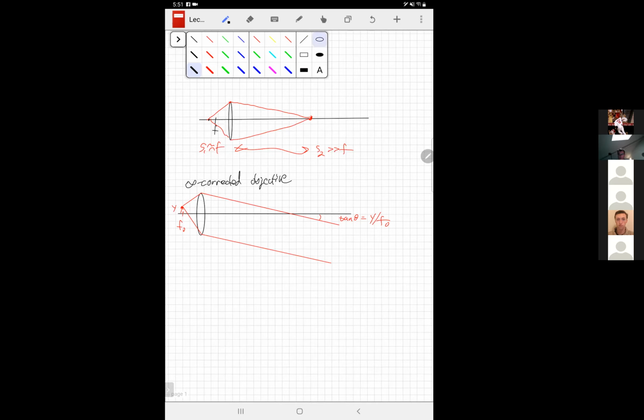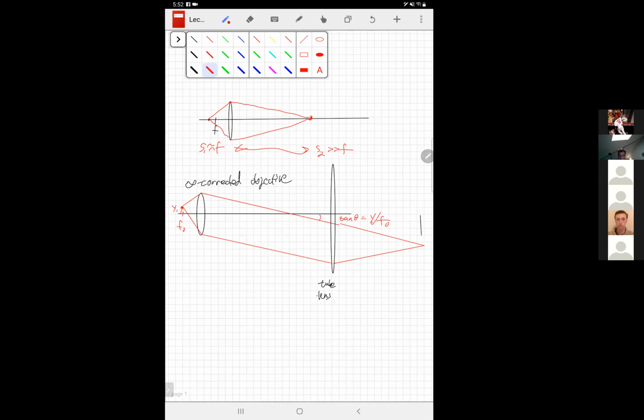We can't make an image out of that exactly, but we then just put one other lens. We have our tube lens, and the tube lens will take these rays and it will focus them one focal length away. Oops. So I should really be calling this Y1.